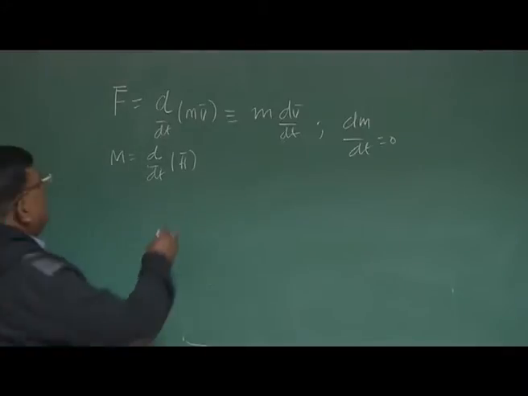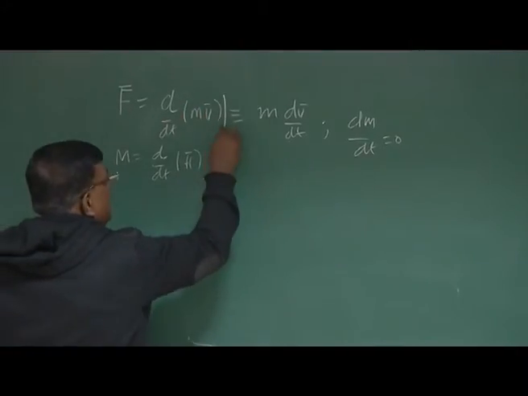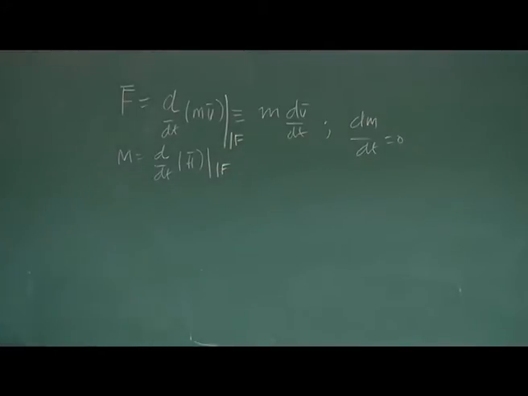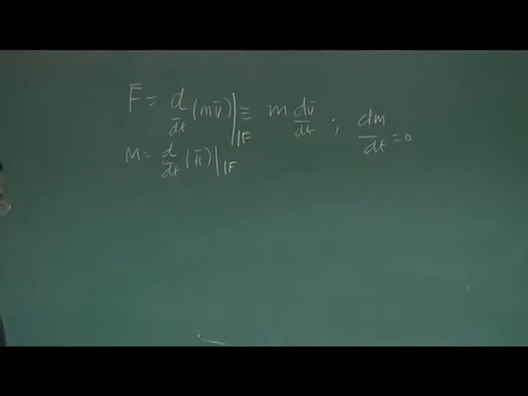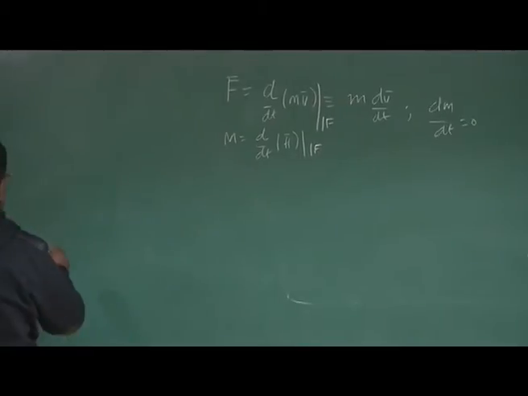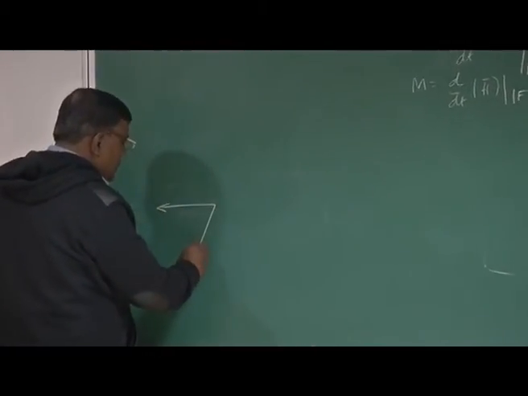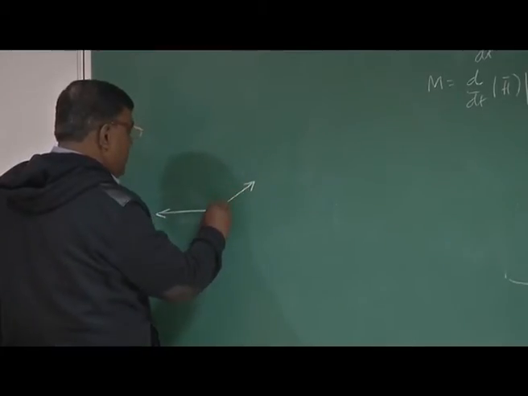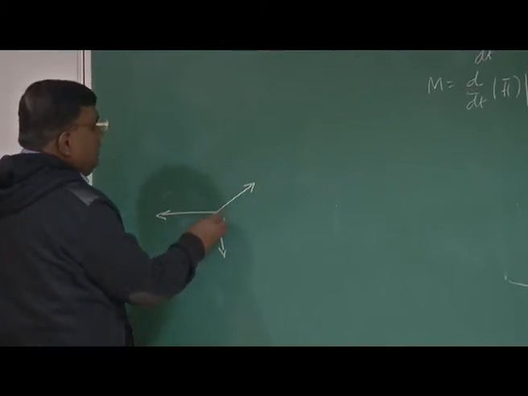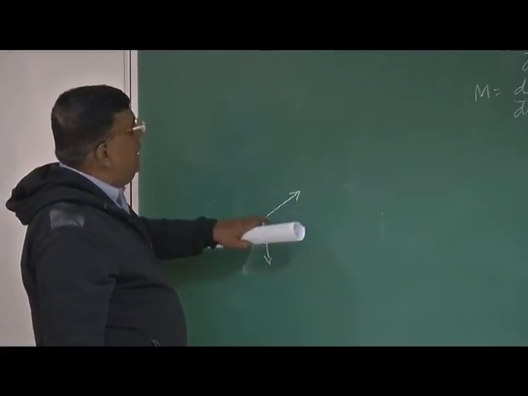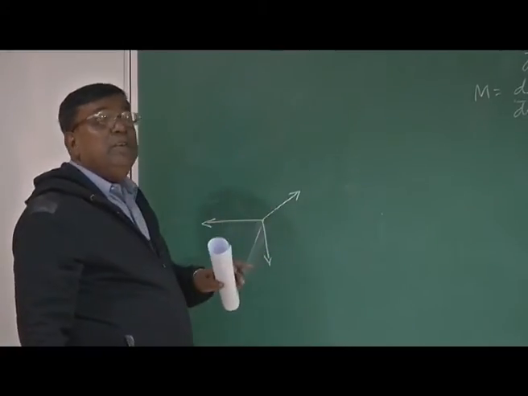In which frame? This should be in inertial frame. Please understand one thing. Suppose you are in a frame, and suppose there is a vector in this frame, and assume that these directions are not changing, the frame is not rotating.